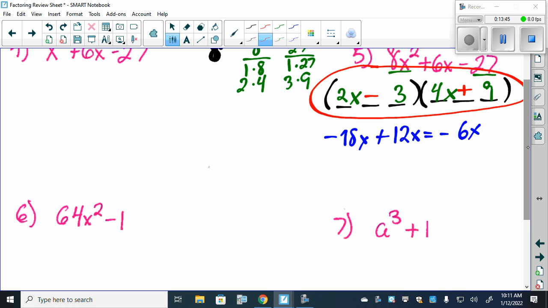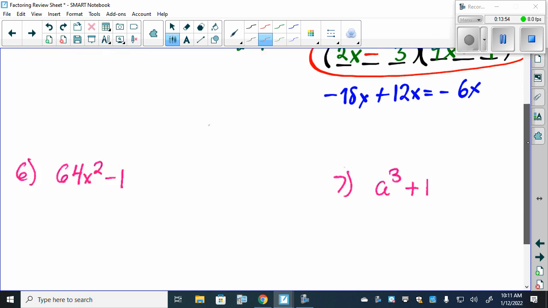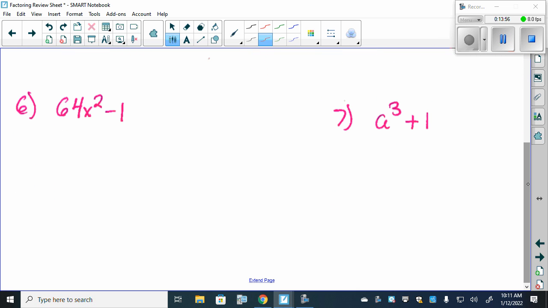Any other questions on number 4 or 5 before we look at 6 and 7? Questions on 6 and 7? So if we look at 7, we want to see if this is a sum or difference of perfect cubes.